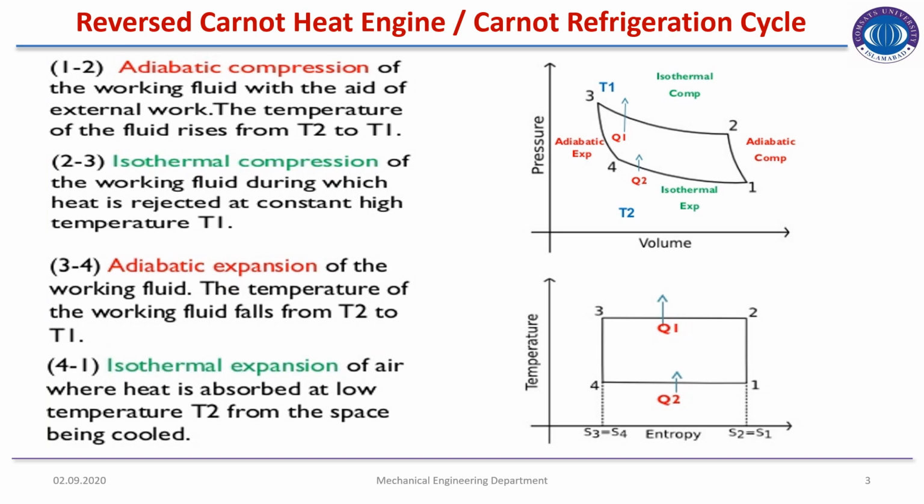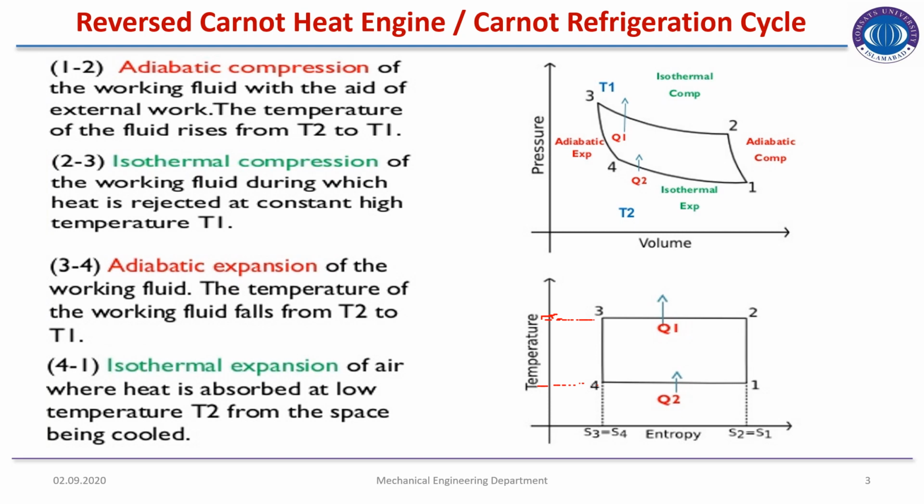Now we will discuss the TS diagram that is shown on the bottom side. There are two processes involved, one isothermal and one adiabatic, then isothermal and then adiabatic.